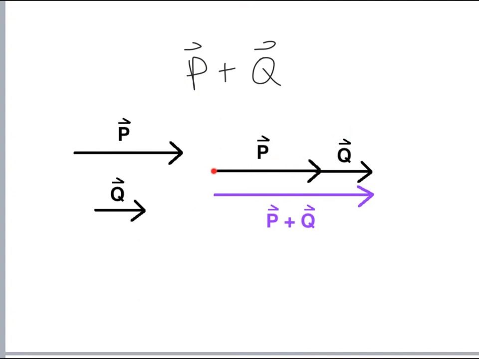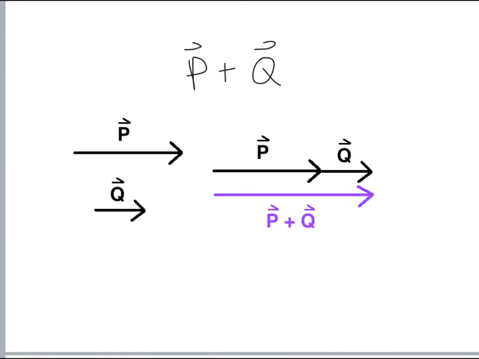And then I draw from the tail of P to the tip of Q, and that would be the length of the vector sum. And I've drawn it offset a little bit here so that it doesn't overlap and get confusing, but if you were really drawing it, you might even draw it just on top of the original two vectors. What if I wanted to draw Q plus P? Well, I would just reverse the order.